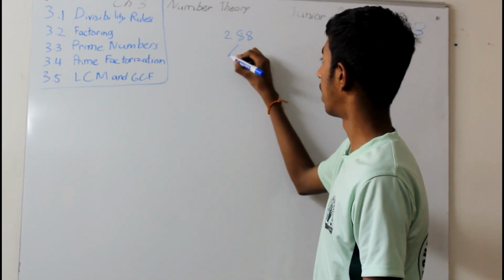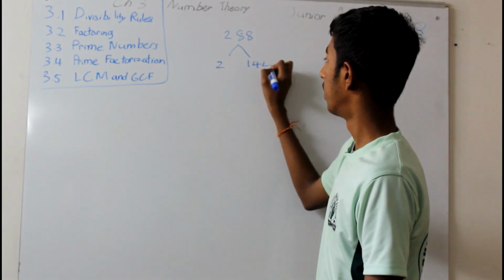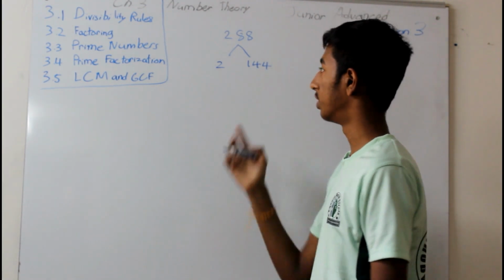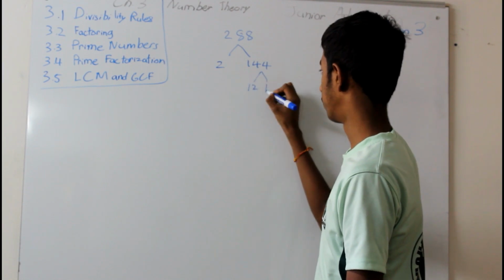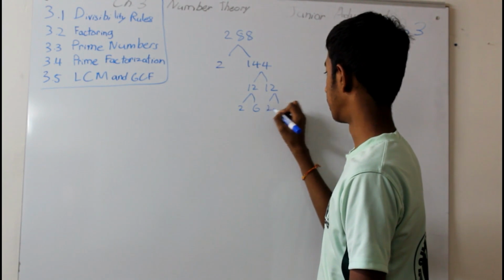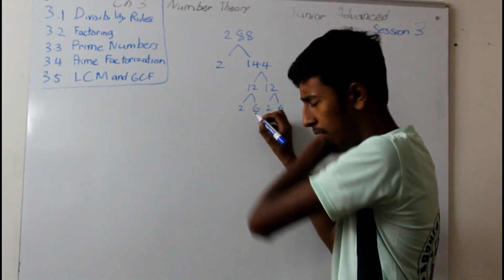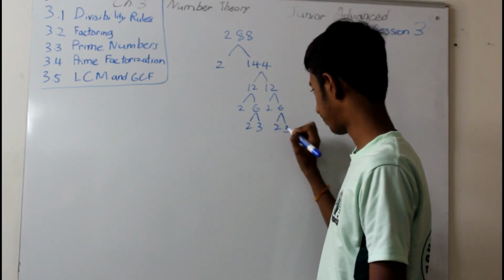So this would break down into 2 and 144. Now if you know your perfect squares, you would know that 144 is 12 times 12, and these two break into 2 and 6, and once again 2 and 6. 6 breaks down into 2 and 3, and 2 and 3.